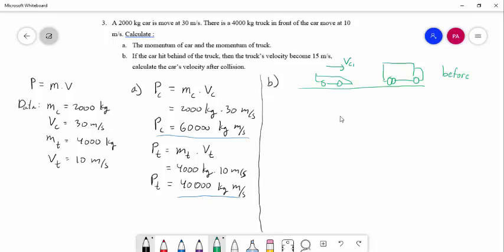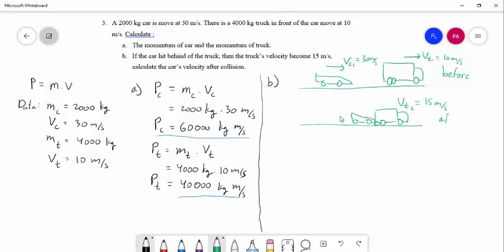The velocity of the car is 30 meters per second and the velocity of the truck is 10 meters per second. And then after the car hits the truck, the velocity of the truck after collision is 15 meters per second.